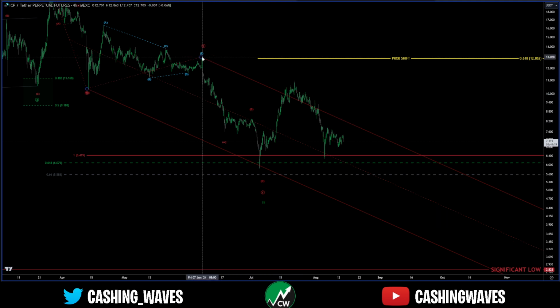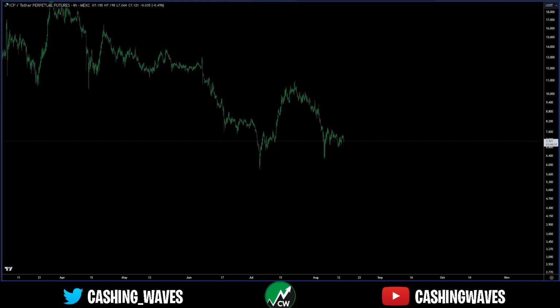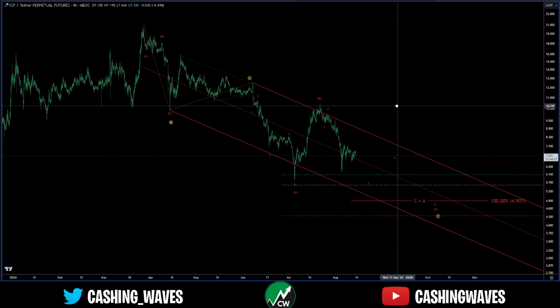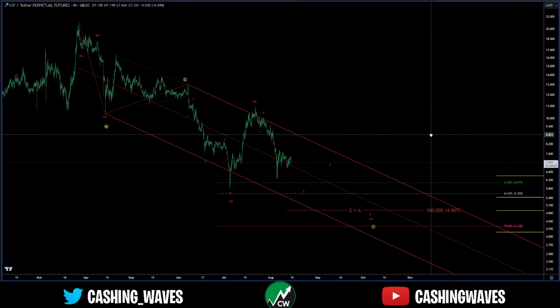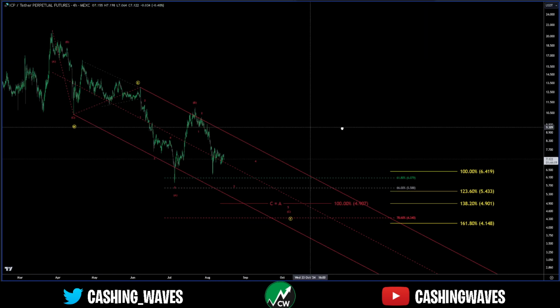can also be counted as a 5-wave move, and this is a triangle for our 4th wave. Unfortunately, that was the scenario where both ways can be counted, but because we came to that 1-to-1 target in the 618, it made more sense, obviously, to have the bias to the upside. So I have some targets out here.